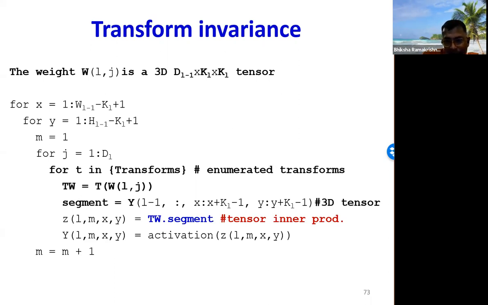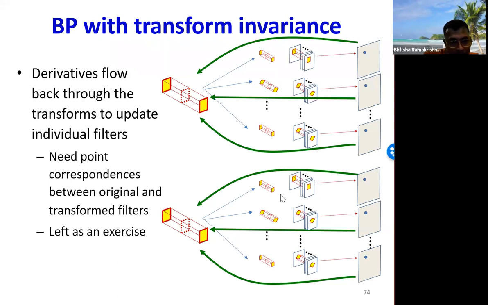And again, for backpropagation, you can use the same trick we had before. We can just invert the code here and perform the backpropagation. One thing to observe is that when you compute derivatives, we need to keep in mind that each one of these transformed versions of the filter is derived from the same underlying filter. So when we backpropagate derivatives, we will initially get derivatives for these transformed filters.